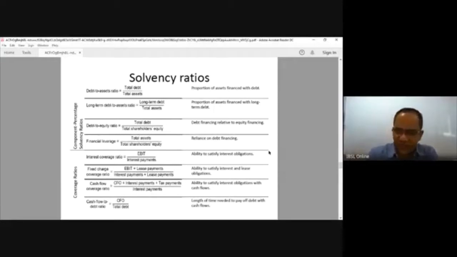Cash flow to total debt and all that are, of course, not very important.